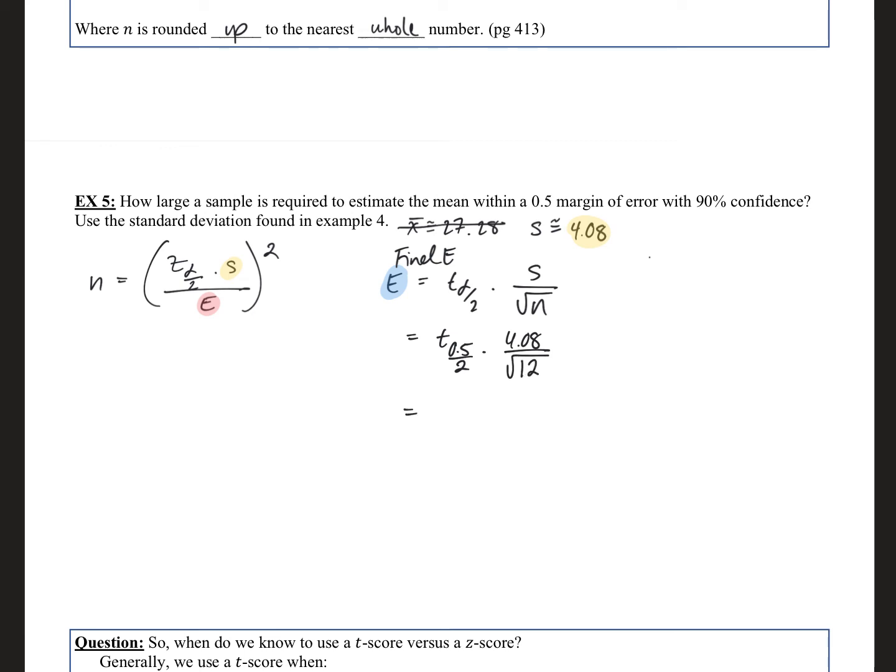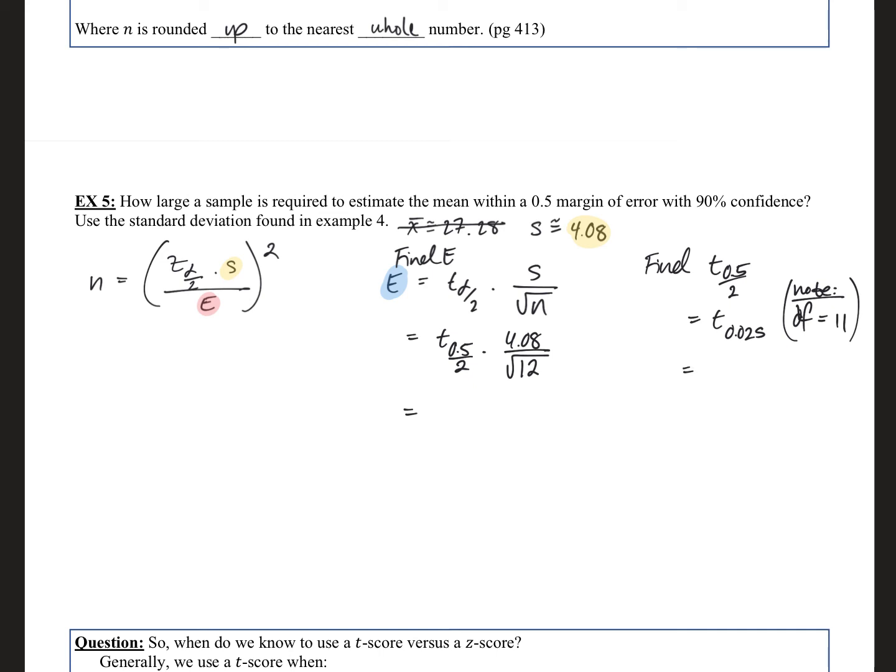So to find this, we need to find t of 0.5 divided by 2, which is going to be t of 0.025. And we're looking at a degree of freedom of 12 minus 1, which is going to be 11. So I'm going to note degree of freedom equals 11. Put that in parentheses on the side so we don't get it confused.